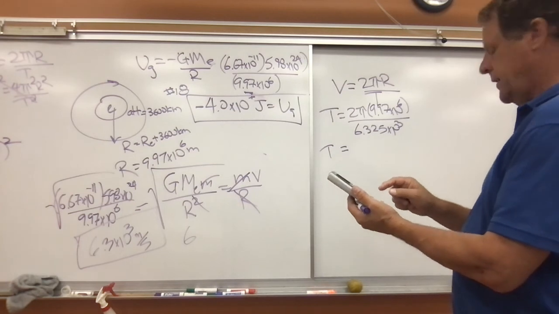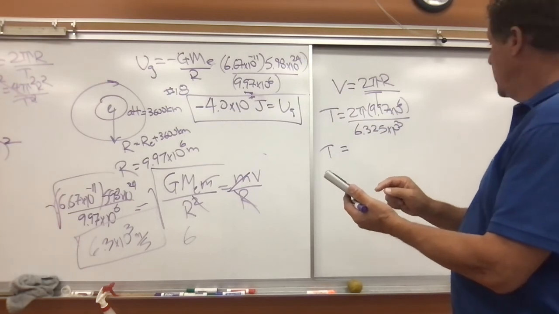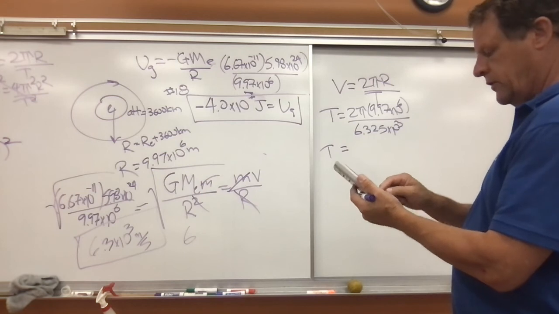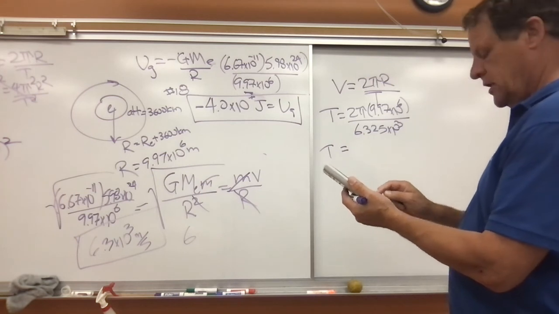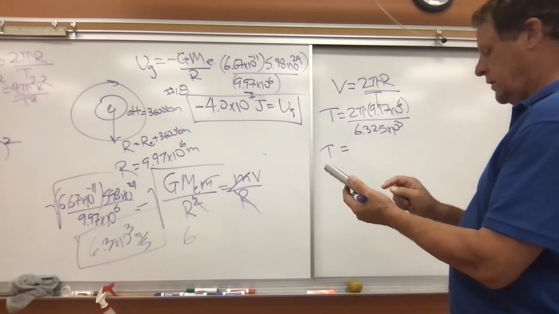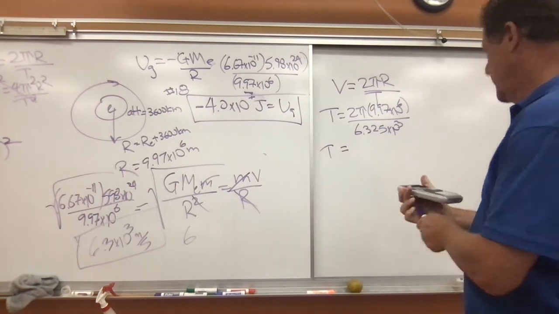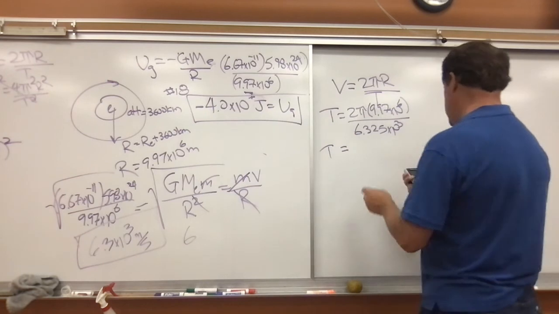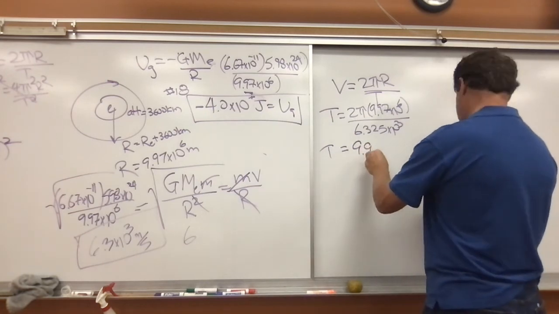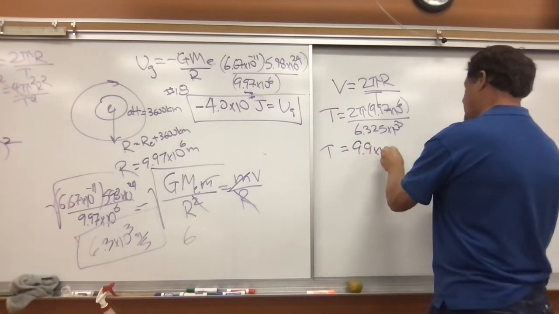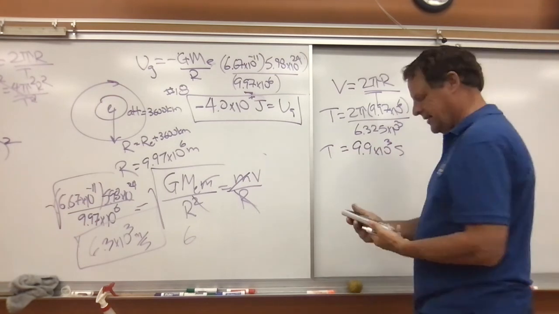So 2 pi times 9.97 times 10 to the 6th divided by 6.32 times 10 to the third is going to be 9.9 times 10 to the third seconds.